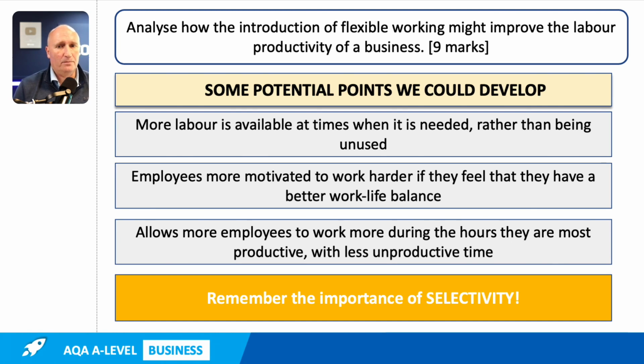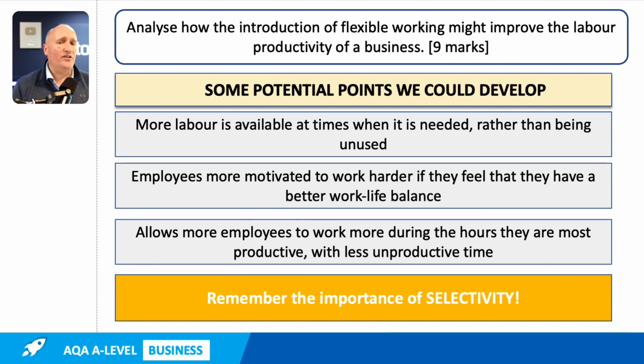One is that flexible working may make more labour available at times when it's needed, rather than when it's not needed. Also that you could make the case around the motivation line of argument. Flexible working may encourage employees to work harder because, for example, they feel they have a better work-life balance. Work is more in sync with all the other demands on their time.